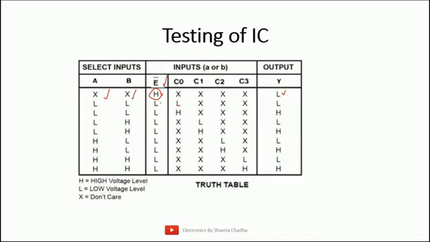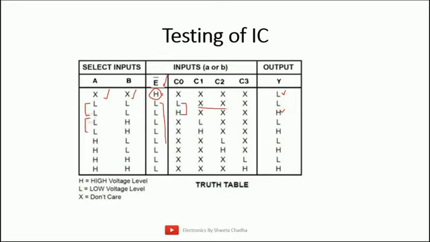Now when we provide the enable signal equal to 0, because it is an active low pin, our multiplexer will start working, and then only it will give us the outputs. Starting with the first case, when the select lines are 0, 0, output is C0. So if C0 is low, output is low. If C0 is high, output is high. It doesn't matter what the value of the remaining input signals is, the output will not change.